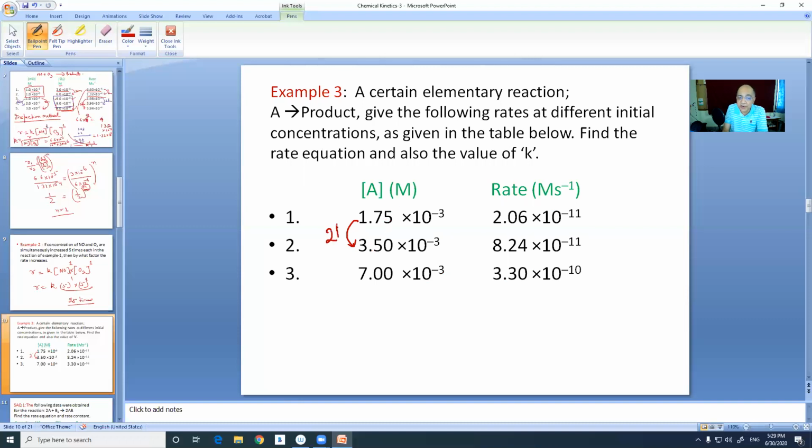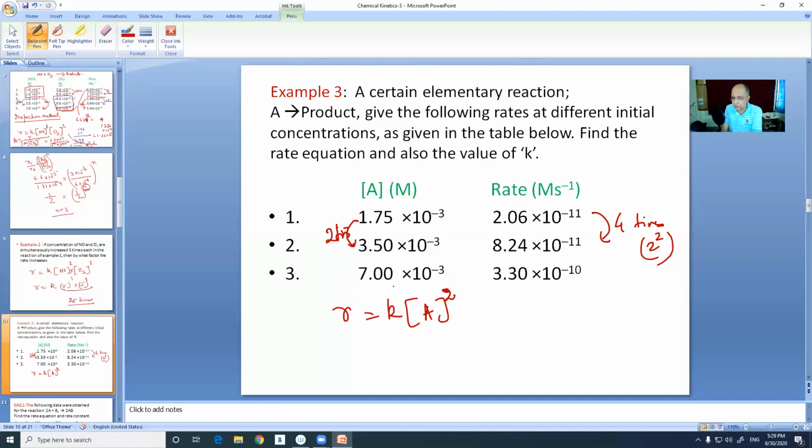First let us write down this format, and put this power blank. So when the concentration of A is increased by 2 times, the rate increases by 4 times. That means square times. If you multiply by 4 here, this will be exactly 8.24 into 10 to the minus 12. So undoubtedly the order is 2 with respect to A.